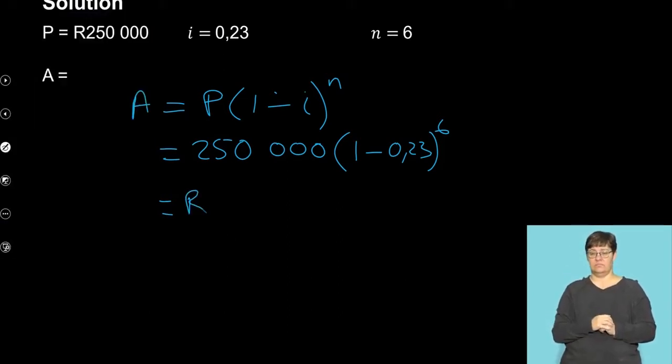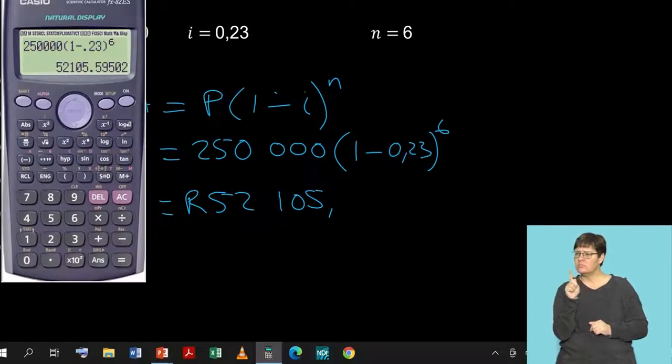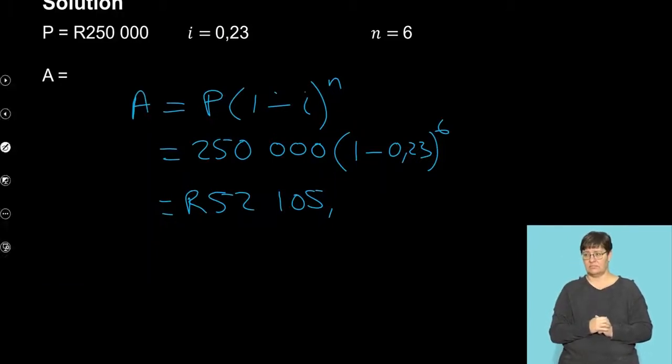So this will be 52,105, and let's quickly look at the cents, 60 cents. This will be 60 cents because you need to round it off to 2 decimal places, right?